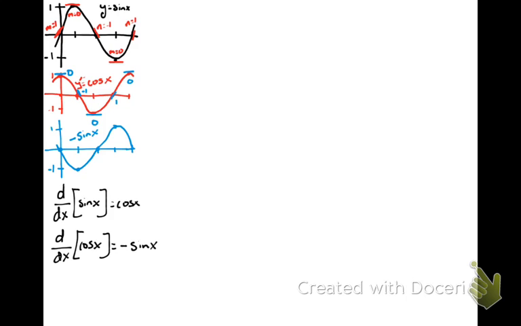And from these two facts, we can prove what the derivatives of every other trig function must be, along with one other fact from basic trig, that the sine squared of x plus the cosine squared of x equals 1.